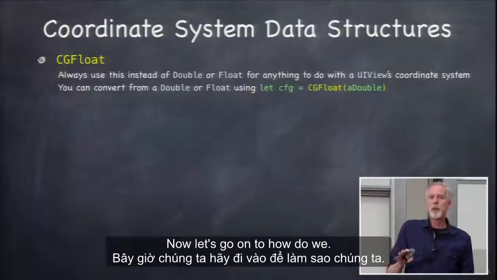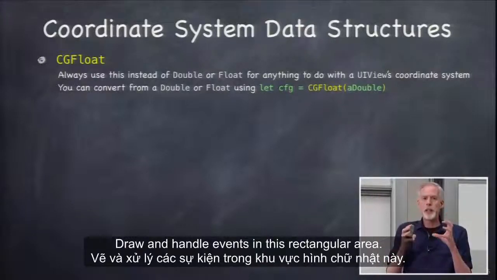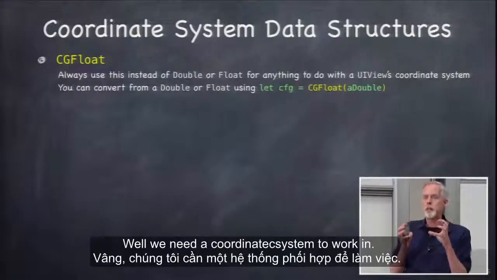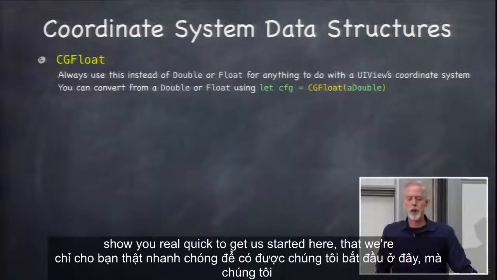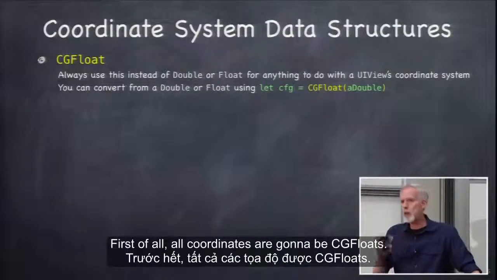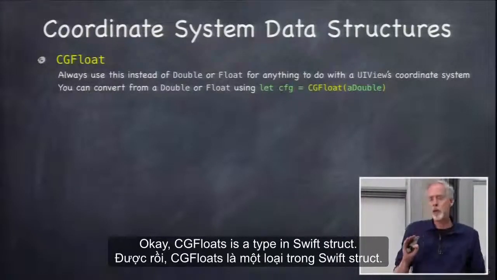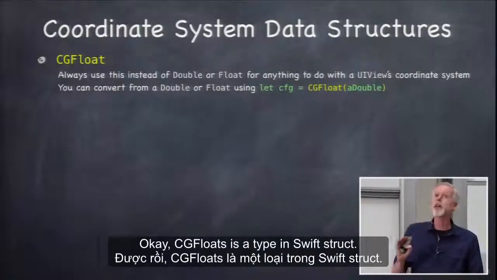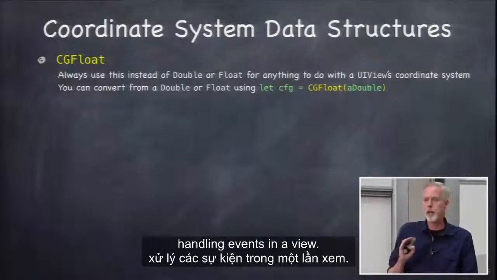All right, so let's go on to how do we draw and handle events in this rectangular area? Well, we need a coordinate system to work in. So there's some data structures I'm going to show you real quick to get us started here that we're going to use when we're drawing and handling events. First of all, coordinates are going to be CGFloats. Okay, CGFloat is a type, a Swift struct, and always use CGFloat when you're drawing or handling events in a view.